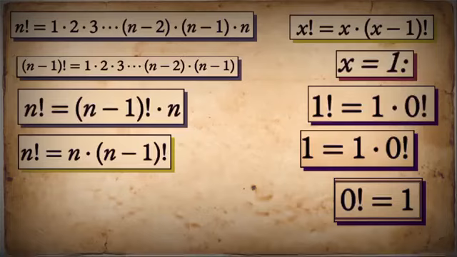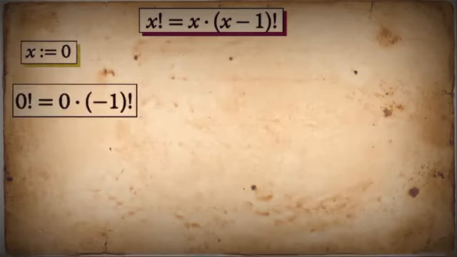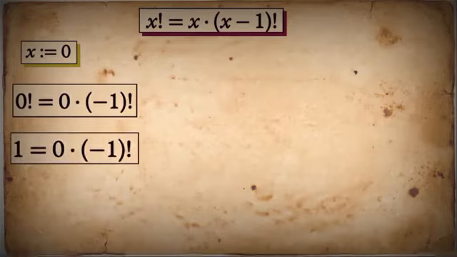Now let us push further and substitute x equal to 0 into the recurrence. The equation becomes the factorial of 0 equals 0 times the factorial of negative 1. We just established that 0 factorial is 1, so the left side is 1. The right side is 0 times the factorial of negative 1. And here we immediately hit a problem.